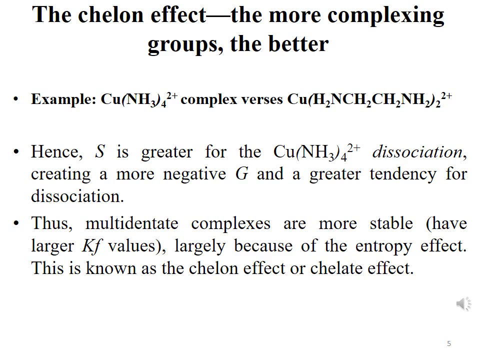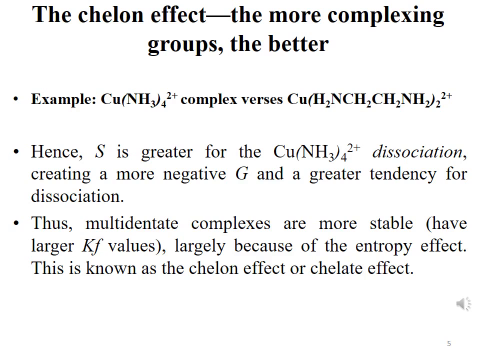However, more disorder or entropy is created by the dissociation of the copper tetraammine complex, in which 5 species are formed, than in the dissociation of the copper ethylenediamine complex. In the copper tetraammine complex, 5 species are formed on dissociation, so more entropy is created.